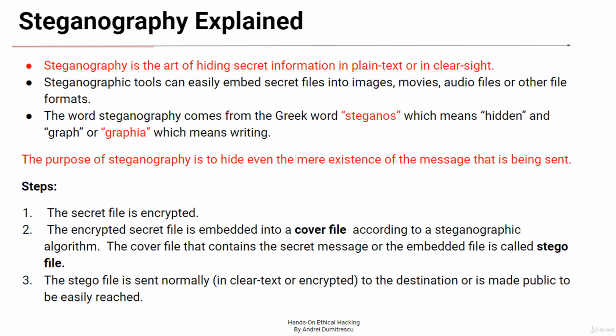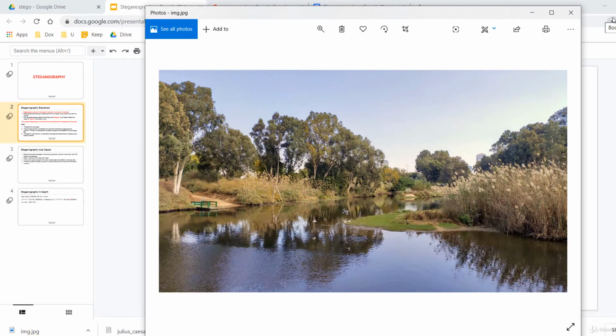Steganography tools can easily embed secret files into images, movies, audio files, or other file formats. Let's take a look at this picture that I've taken using my mobile phone. Do you notice something strange? I suppose not. You are just seeing a lake and some trees. A common park in the city.